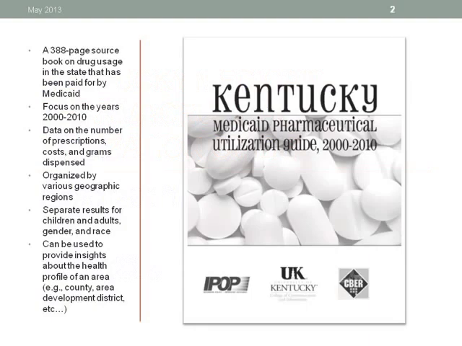Now this is what the cover of the report looks like. It's a nearly 400-page source book on drug usage in Kentucky that has been paid for by Medicaid. Now there are a couple of qualifying statements in there.